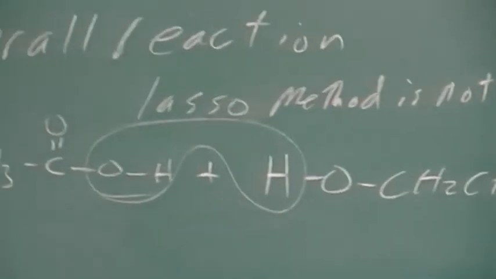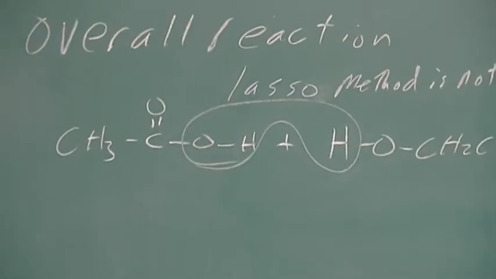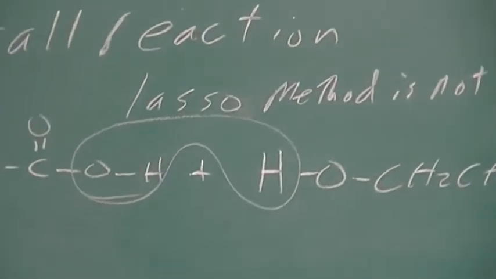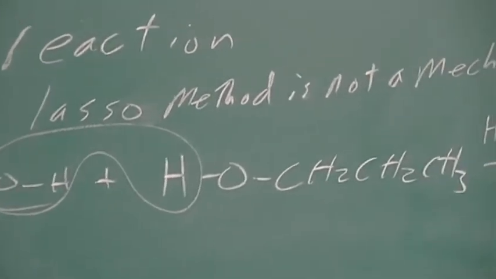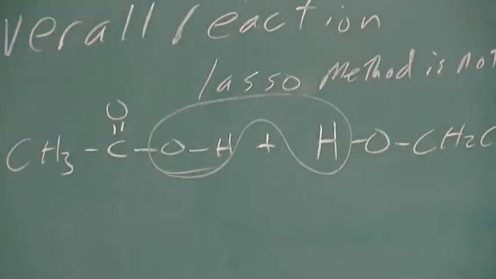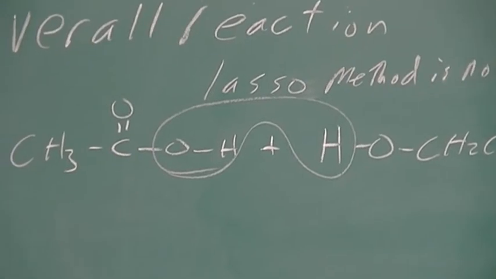All right, now if it were not a mechanism problem and a what-is-the-product problem, a nice method is the lasso method. Again, the lasso method is not a mechanism. It is a method where you circle what is going to be kicked out.